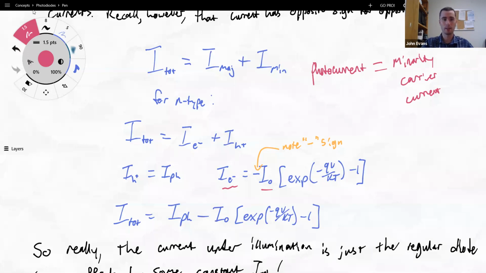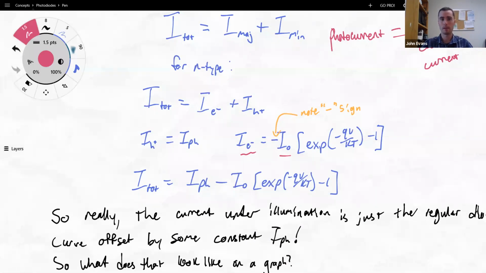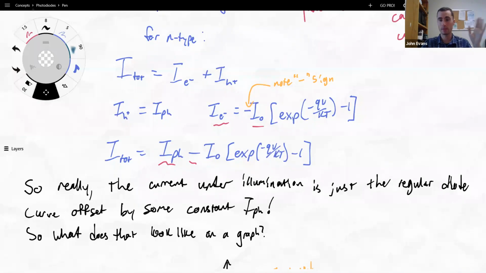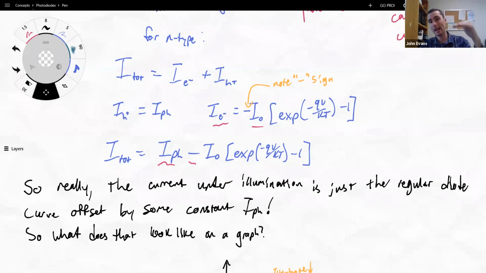So we end up with the total current being equal to the photocurrent minus, because remember that sign right there, the ideal diode equation. So what this means is that the current measured from a semiconductor junction under illumination is equivalent to just the regular diode equation, but offset by a constant. And that constant is the photocurrent.